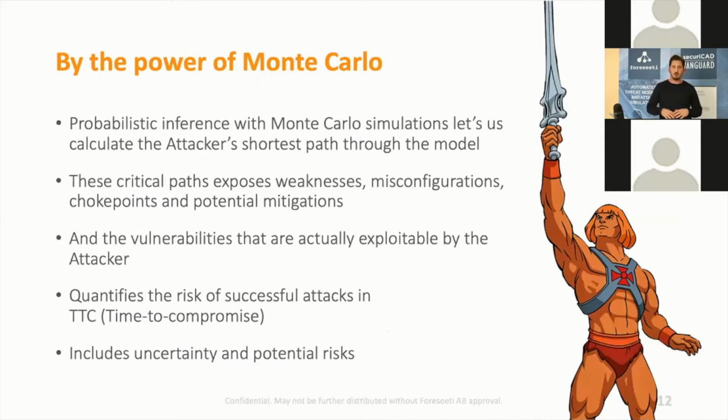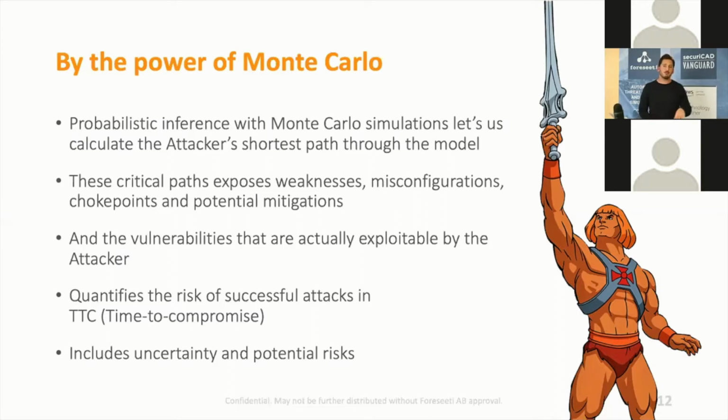So to be able to use this graph, because it gets very big, as we saw in the picture earlier, it gets really big and really complex fast. We can actually use probabilistic inference with Monte Carlo simulations to calculate the attacker's shortest path in our graph.